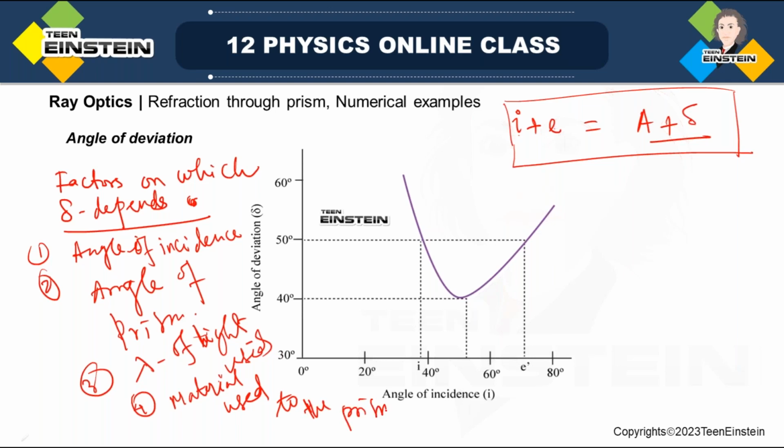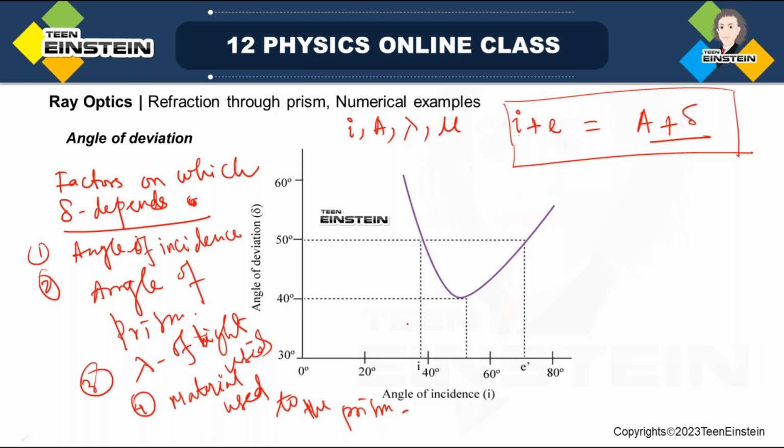So that means it depends on I, it depends on A, it depends on wavelength lambda, it depends on mu also, material of the prism. Okay, these four factors are there.